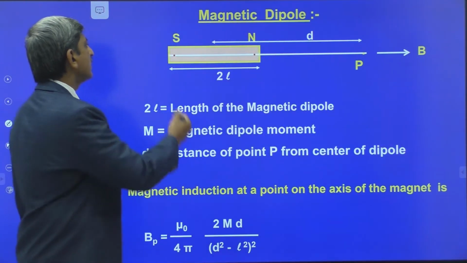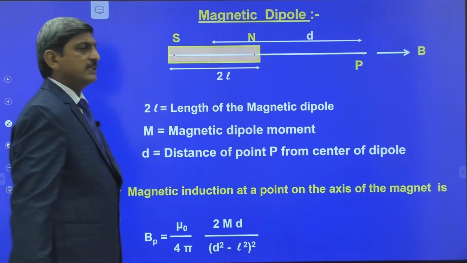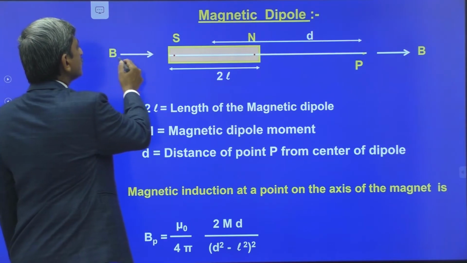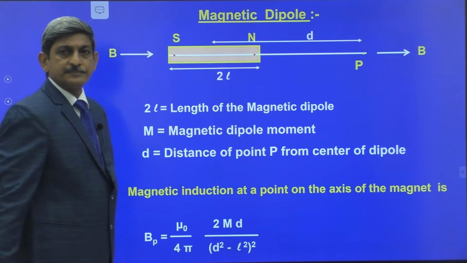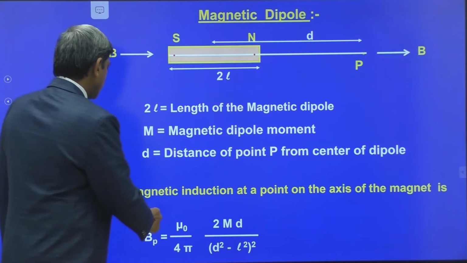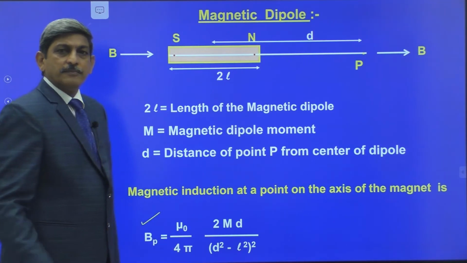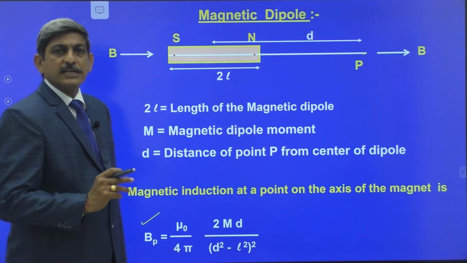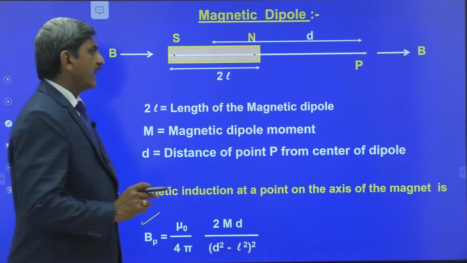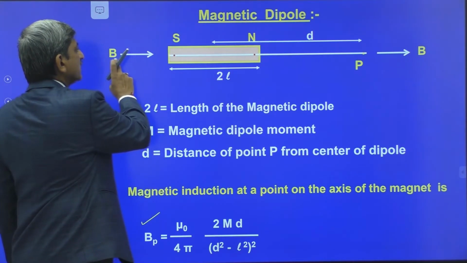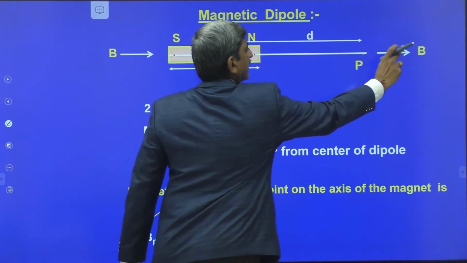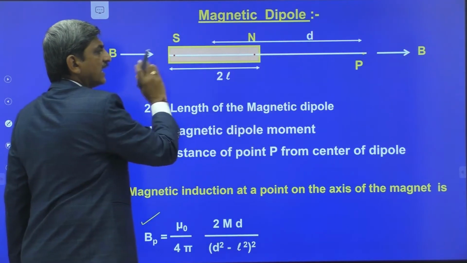If you see the direction of the magnetic field on this side, it is also directed from the south pole to the north pole like this. That's why this equation gives the magnitude of the magnetic induction at a point on the axial line, directed from the south pole to the north pole, on either the right side or the left side of the magnetic dipole.